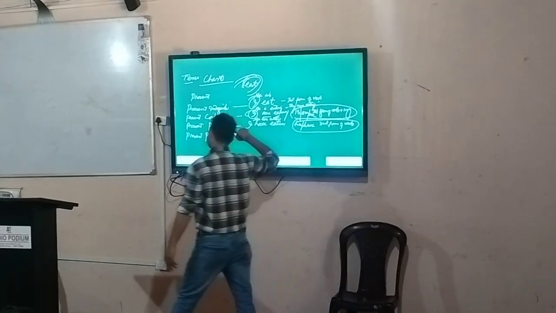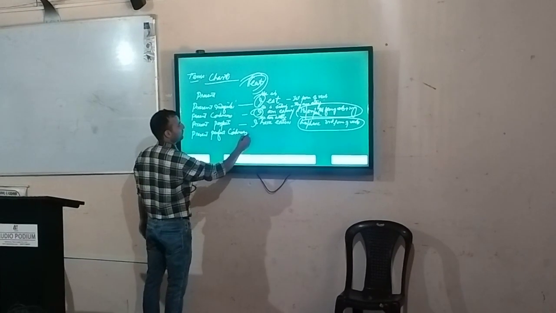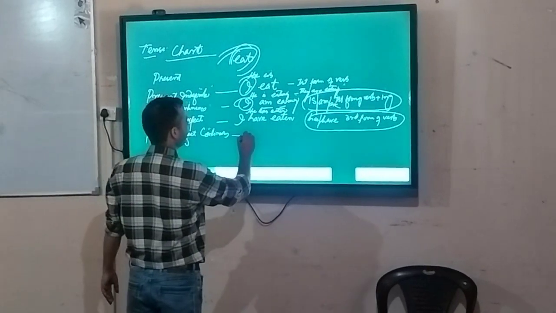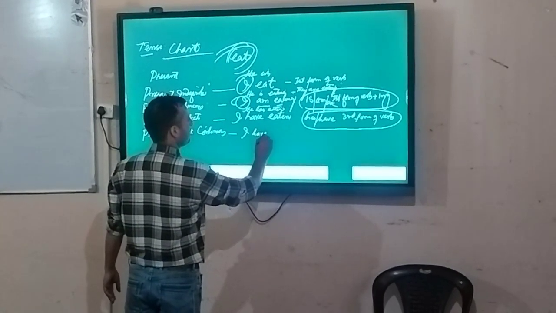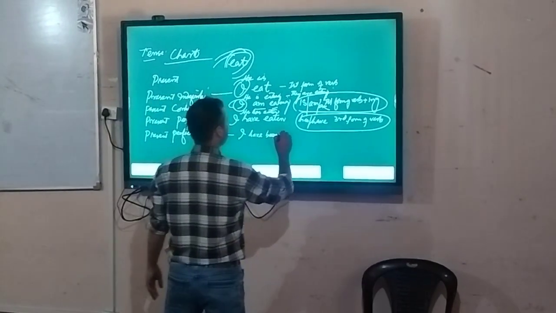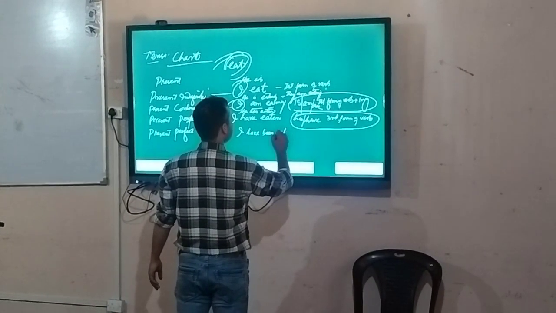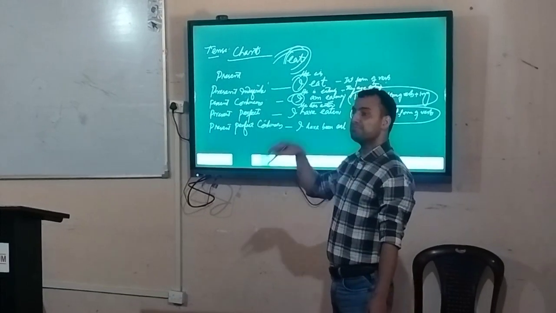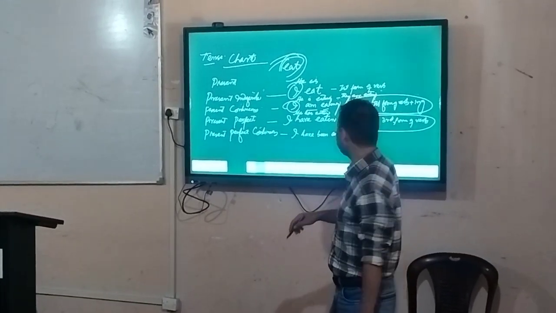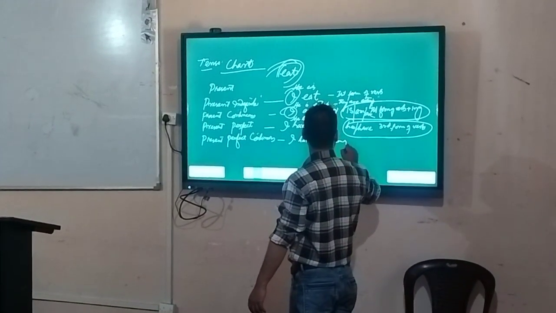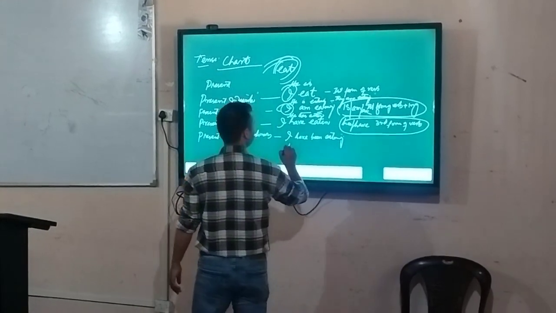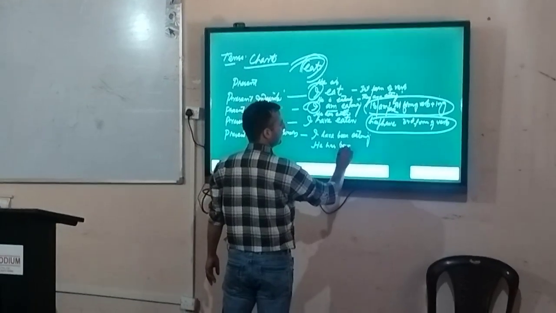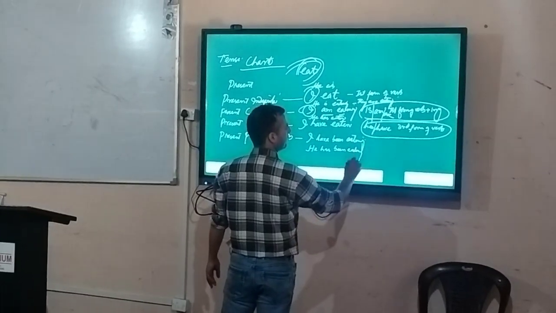Now there is one more, that is present perfect continuous. We can say I have been eating, or he has been eating.